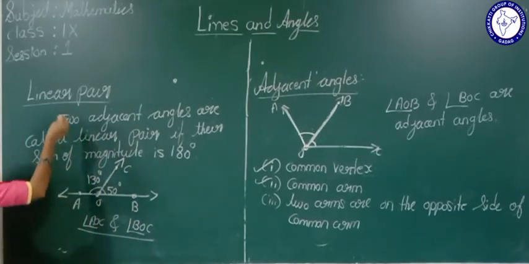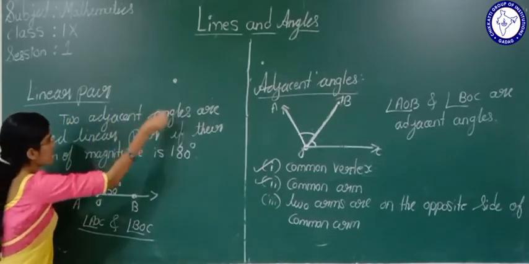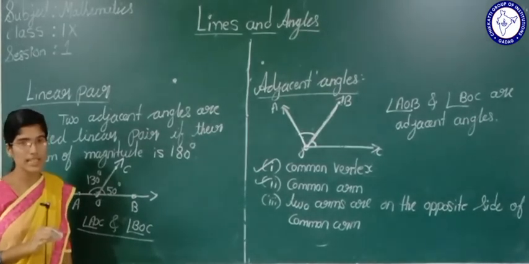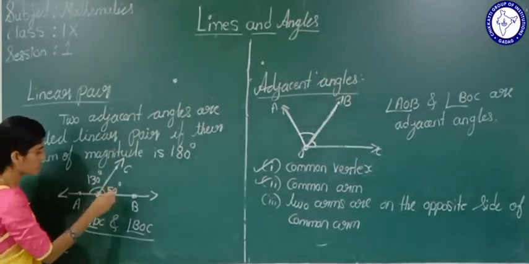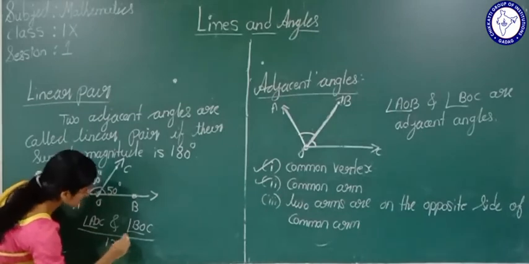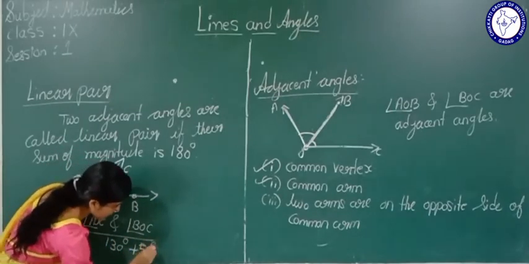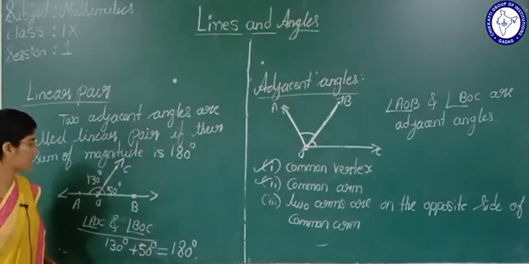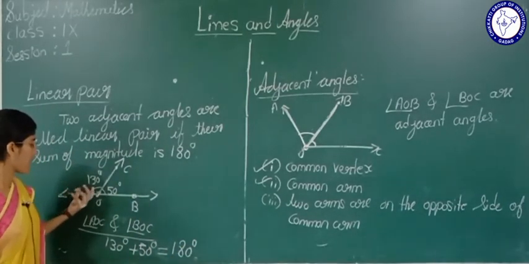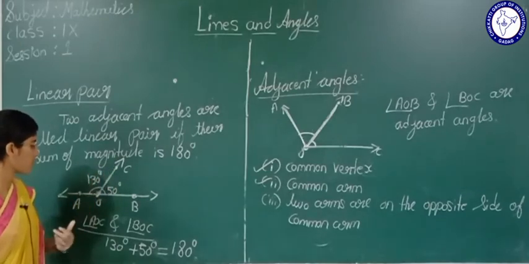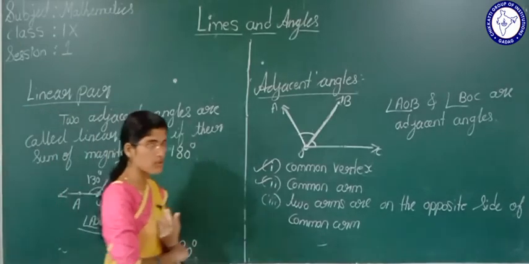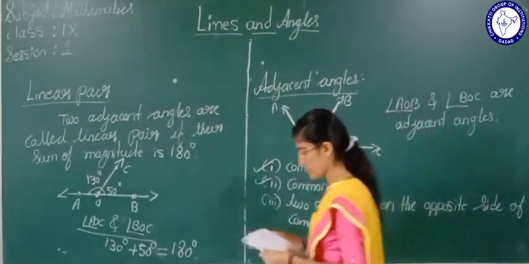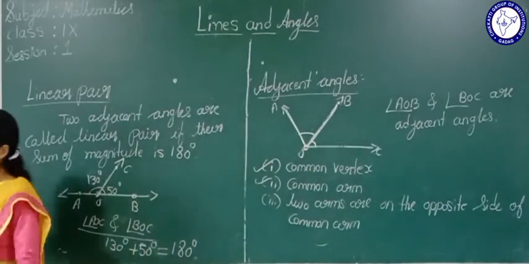Now see, what is the definition of linear pair? Two adjacent angles are called linear pair if their sum of magnitude is 180 degree. Now add this. What is 130 degree plus 50 degree? It is nothing but 180 degree. Therefore, we can tell that angle AOC and angle COB form a linear pair.